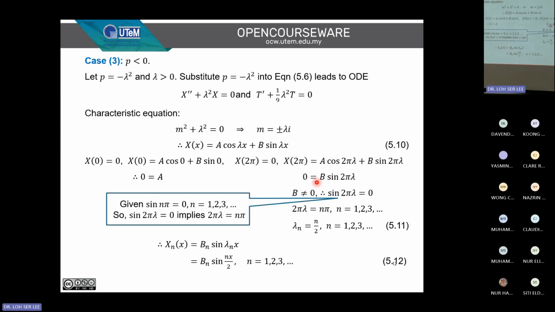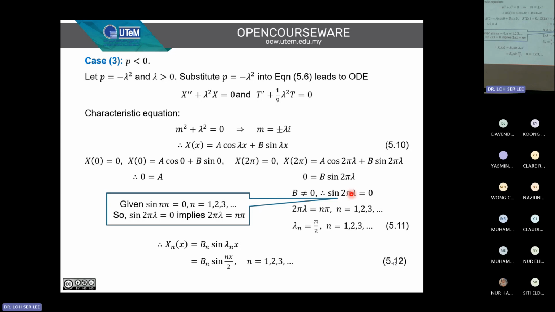Since this equals 0, for sure b is not 0. If b is 0, that means a is 0, later on your x will be 0. Then that means we can't get any solutions. So b is not 0. This is 0: sine 2 pi lambda equals 0. When the sine function equals 0, the angle must be n pi.